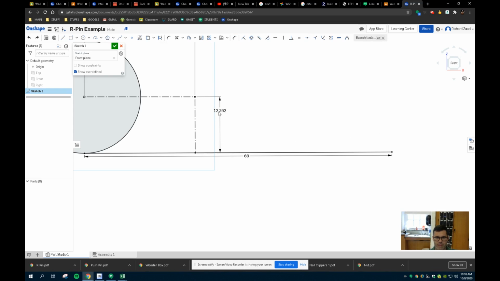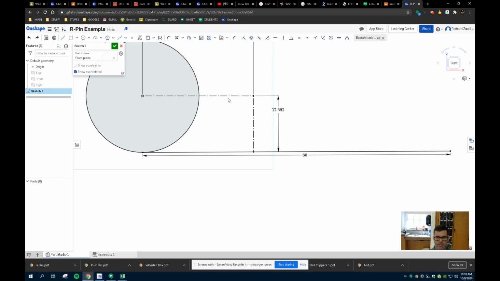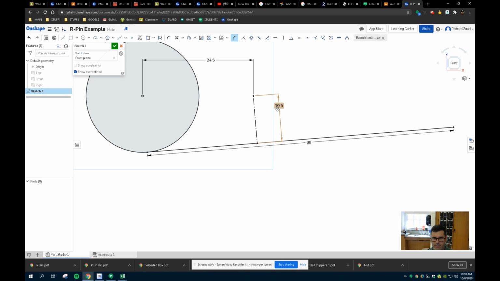Oh, no, that's doing that. I need this to be deleted, and then I can just make that 24.5, and now make that 10.5. Make that 10.5. Thank you.